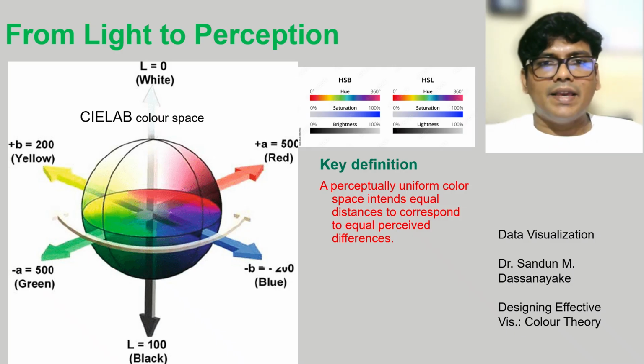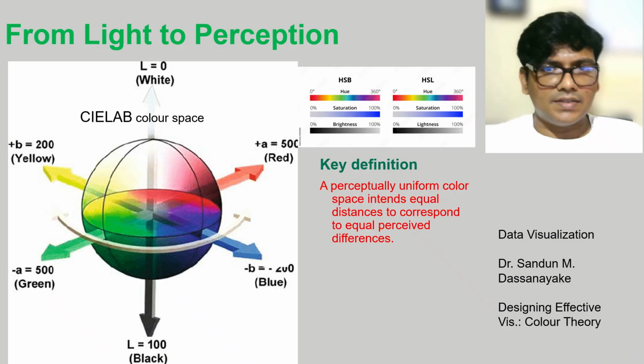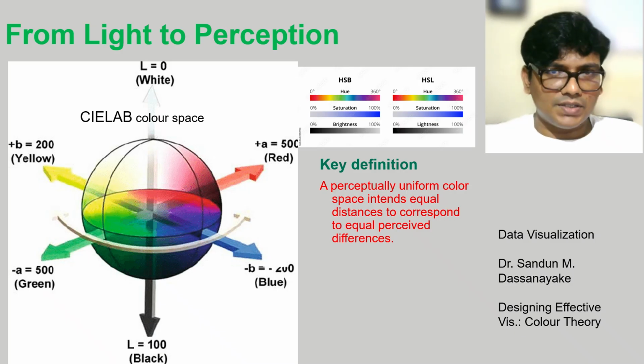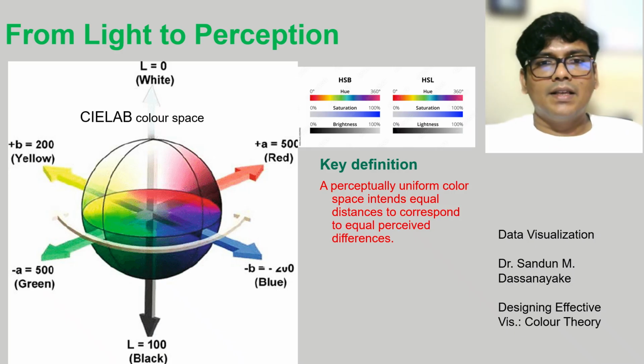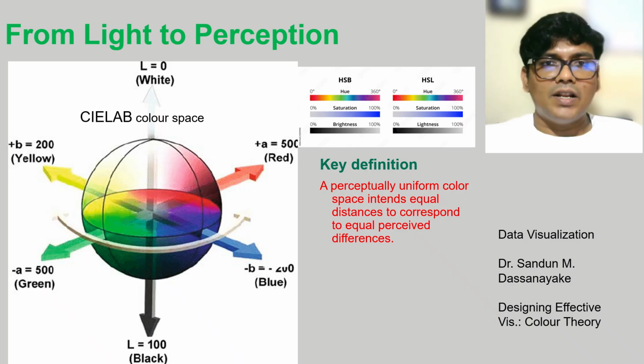Color spaces like CIELAB were specifically engineered to fix this, to align the numerical distance with the perceptual distance. The amount that you change according to the slider is the amount that you actually perceive. Device color and perceptual color are fundamentally different concerns. So when you are designing, make sure that you understand this concept.